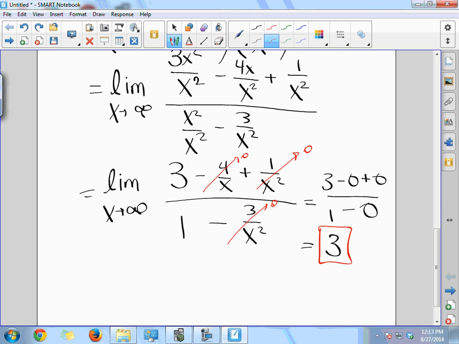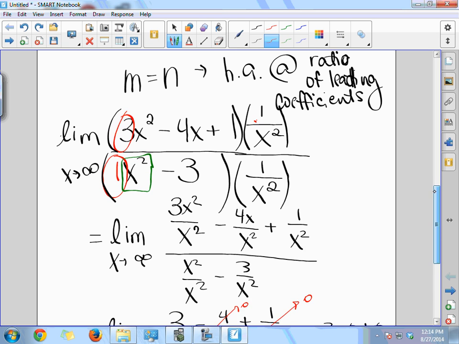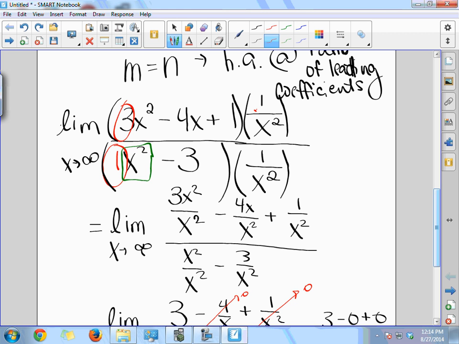And so this is going to hold true for any polynomial over any other polynomial. And every time you do it, depending on what degree you have in the top and the bottom, you're going to get the same result as you would have if you had used that horizontal asymptote rule. So remember, the idea is that you look at the degree of your denominator, and then you divide both the top and the bottom by 1 over x to that degree.